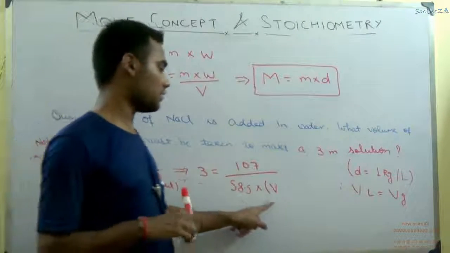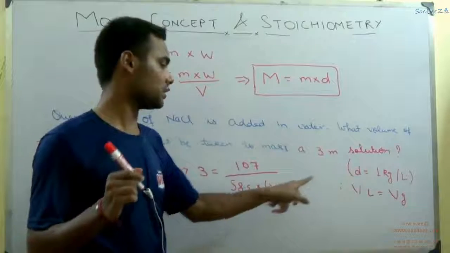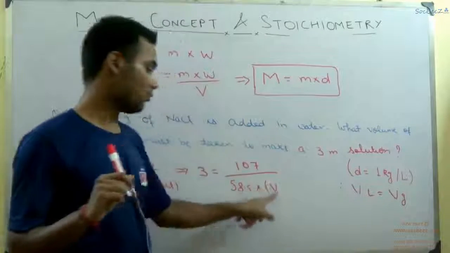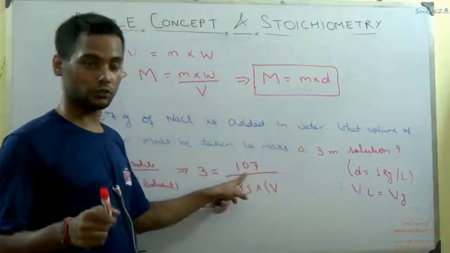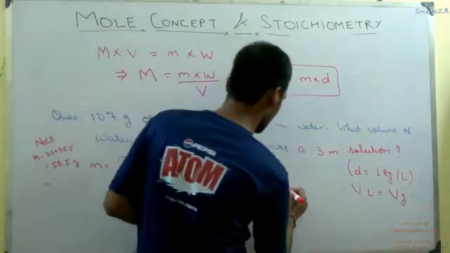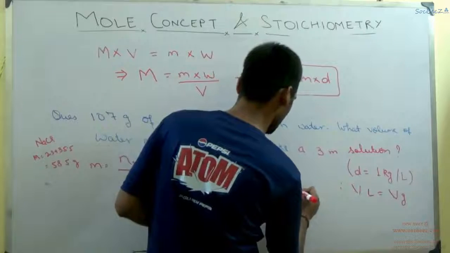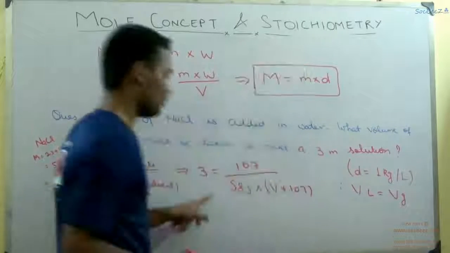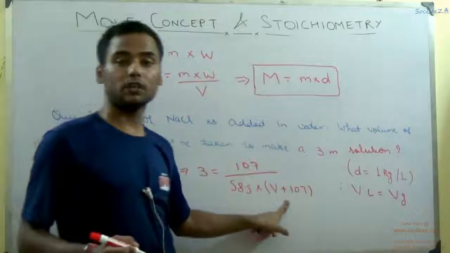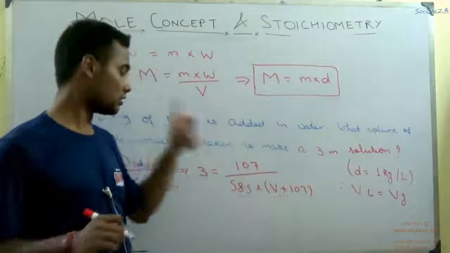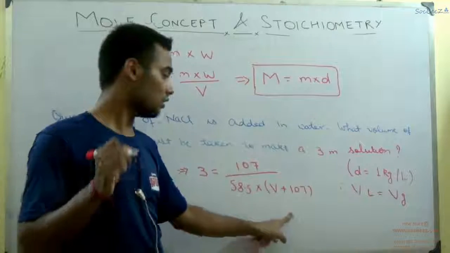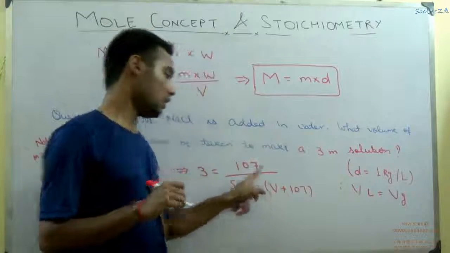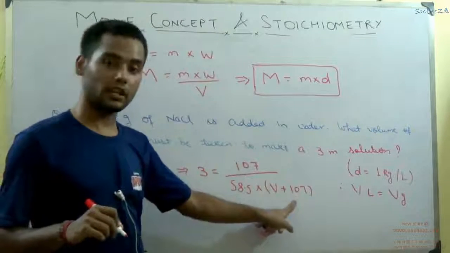Now the weight is that of solute plus solvent. So water is acting as solvent. So here V gram of solvent is taken. Now we will take 107 gram of solute also. So we have taken 107. Now this weight must be converted into kilogram, because in case of molality the weight should be taken in kilogram. So let's convert this weight in grams into kilograms.